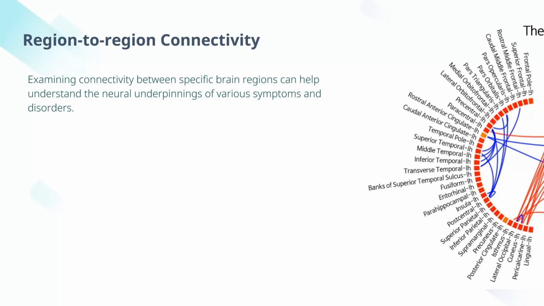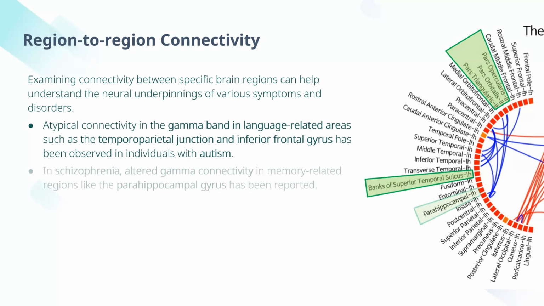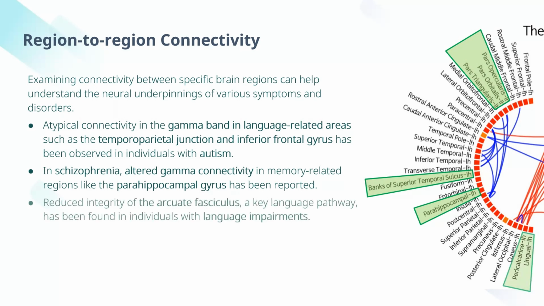This can really help us understand the neural underpinnings of various symptoms and disorders, as long as we know what all of these different regions of interest do. So some examples: atypical connectivity in the gamma band in language-related areas such as the temporoparietal junction or the inferior frontal gyrus has been observed in individuals with autism. In schizophrenia, we might also see altered gamma connectivity in the memory regions, such as the parahippocampal gyrus.